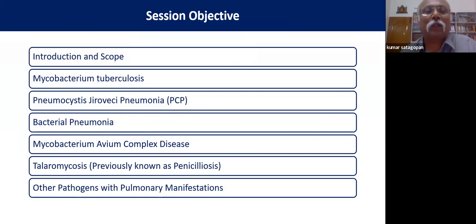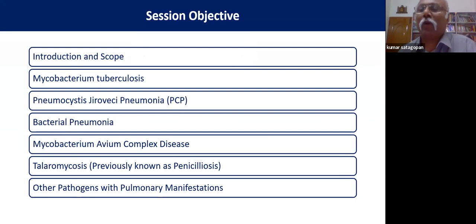So the session objectives are introduction and scope, then about the TB, because the opportunistic infections in the respiratory system are not complete without tuberculosis, which is a common pulmonary manifestation. It is apt that it be given due importance, even though separately we deal with HIV-TB in different sessions.